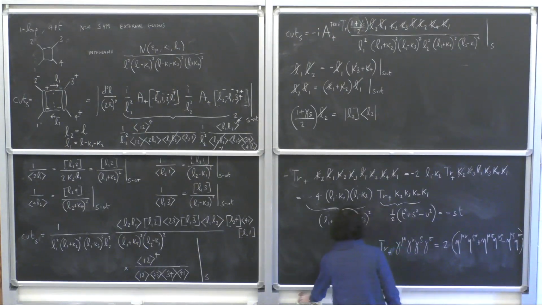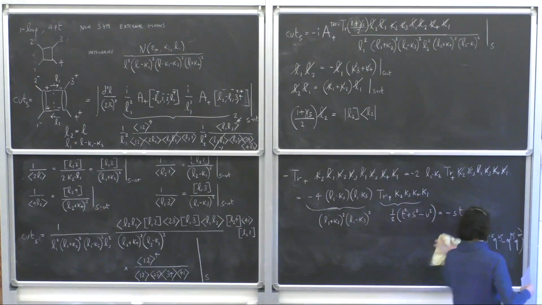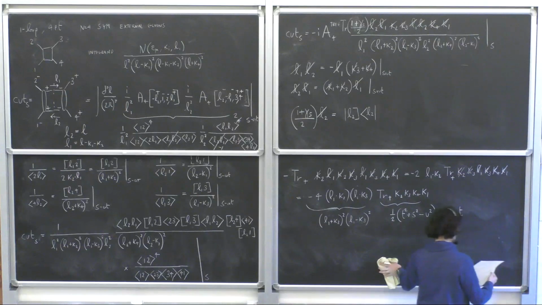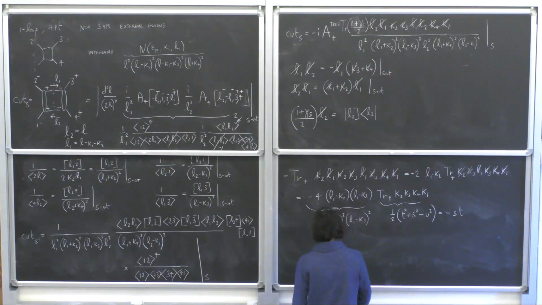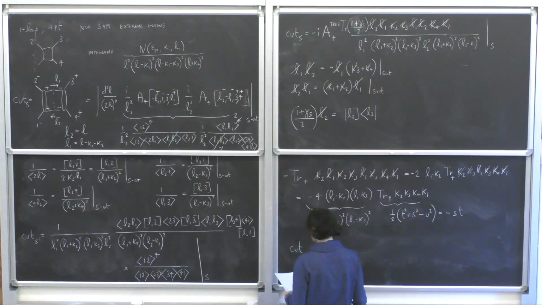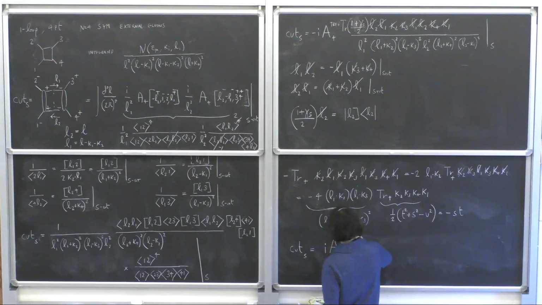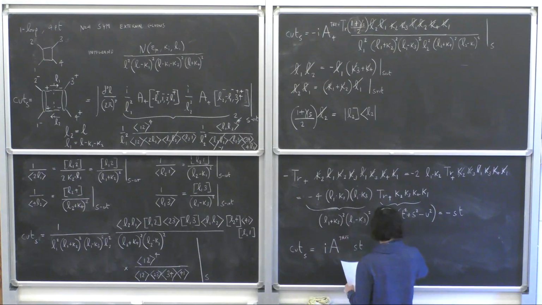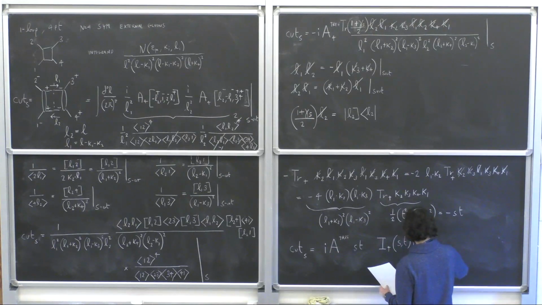Then let me just write the result in one line, and then we discuss what the implication of this is. So we have the S cut, which is equal to A, the 3 amplitude, S T, and here we have what the other day I indicated as I4 of S T evaluated on the S cut.